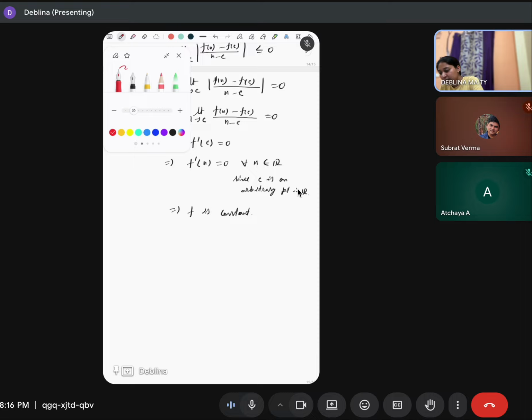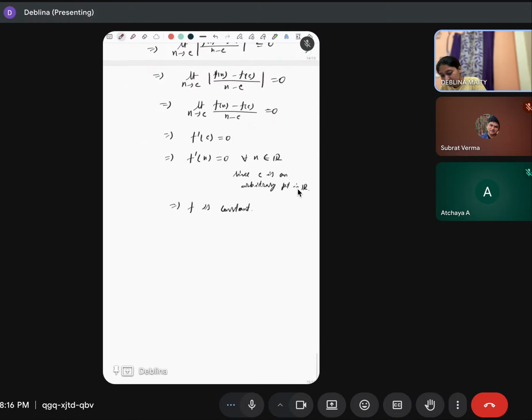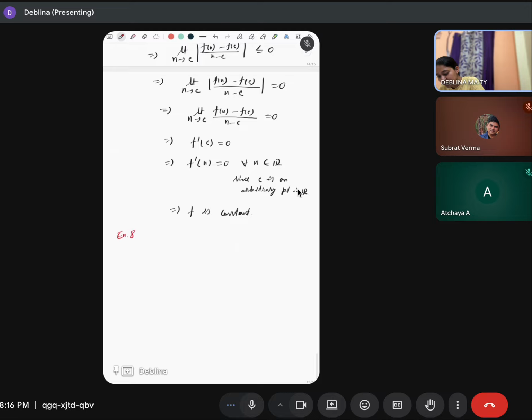Okay. Now let's see a different type of problem. So evaluate root 105, right? This means approximate this number. So this is an irrational number, right?